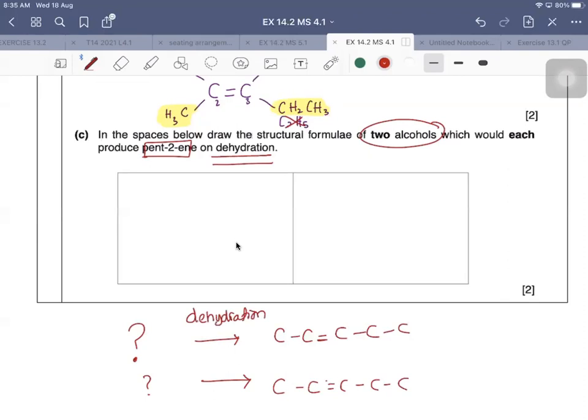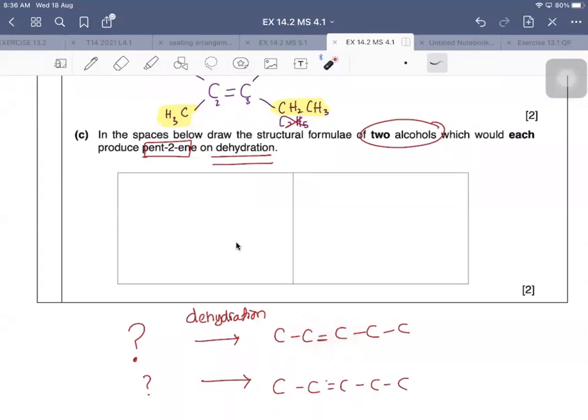right? So if we are working in reverse, it would have to be the opposite of dehydration. So now we are doing hydration. Hydration means you are adding water. So when adding things across the double bond, if you still remember, you have to add one bond per carbon.